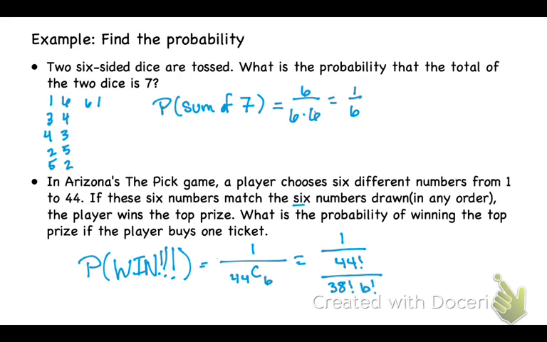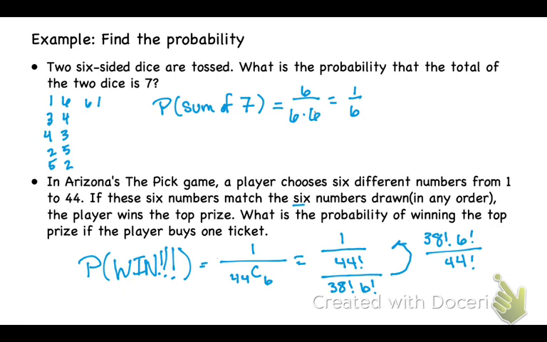Okay, so then actually, it's just the reciprocal of that, right? So it's 38 factorial, 6 factorial over 44 factorial, because it was in the denominator.